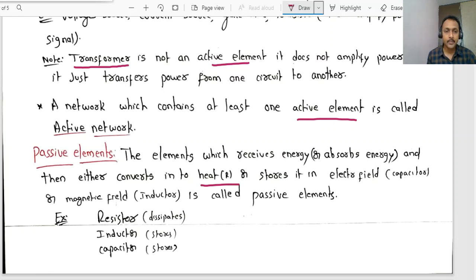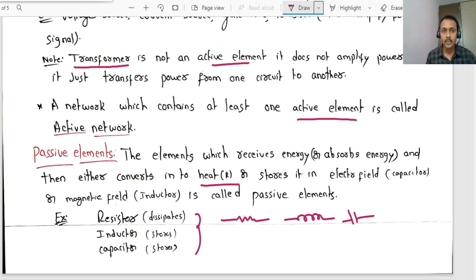So these three elements, resistor, inductor, and capacitor, will receive or absorb the energy, and these are the passive elements.